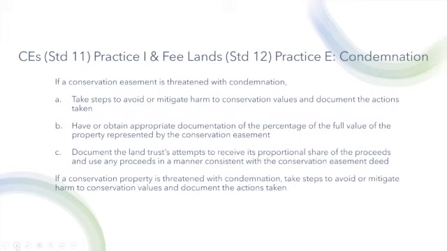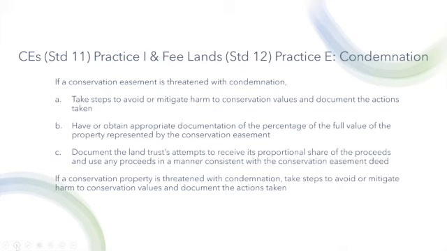So what these practices advise you to do is to try to avoid or mitigate harm to the conservation values on the properties, and for the organization to really carefully document their efforts during condemnation proceedings to protect conservation values, to retain some economic value in a property if possible.